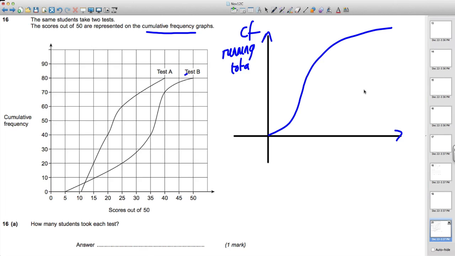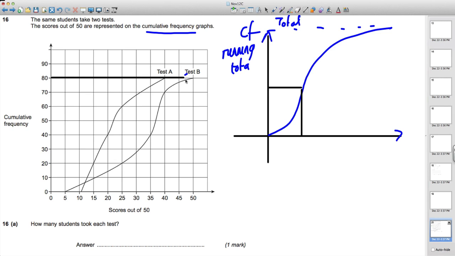The top of the graph would always tell you the total of what you're investigating. And if you're ever trying to read off the graph, you must draw lines on the graph. You must draw lines on the graph. Okay? Otherwise, the examiner will not give you marks. So if you're trying to read out where the middle person is, you must draw a line and read it off using lines.